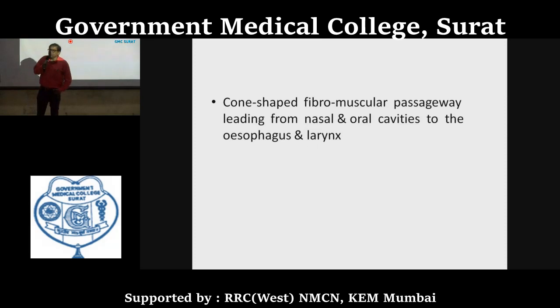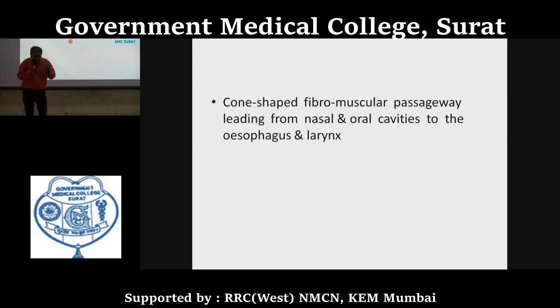the esophagus and larynx. Now, the introduction I have given about the pharynx serves a dual purpose. It gives a hint about the structure as well as the function. You can observe that I have written it's a fibromuscular passage. So that is a hint about the structure. It's a fibromuscular tube.